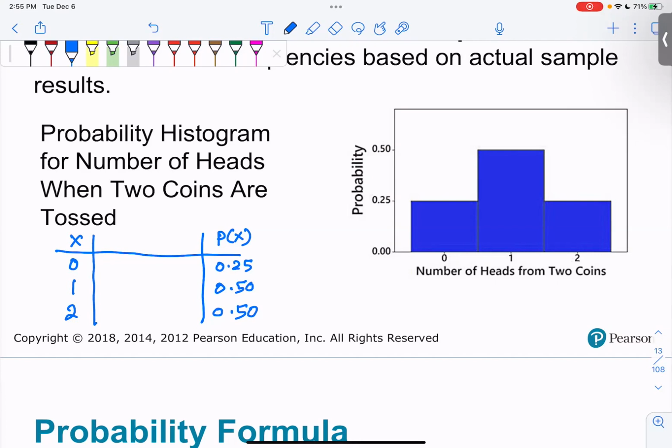What is the requirement for the histogram? We have to have real limits, right? The boundaries. Because they all touch each other, all those columns are touching each other, so we have to find the boundaries. How can we find the boundaries?